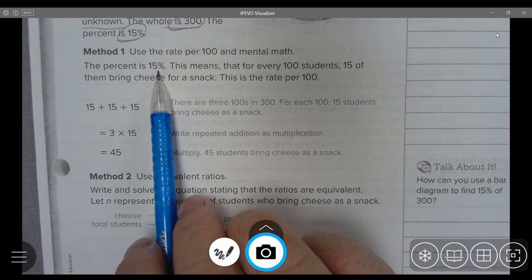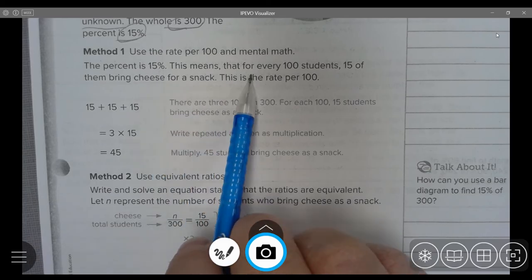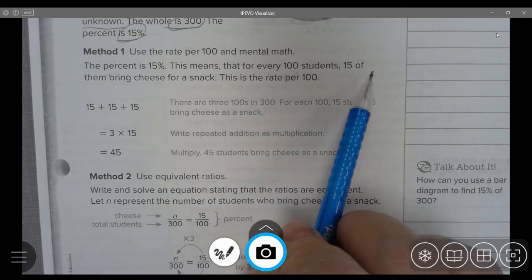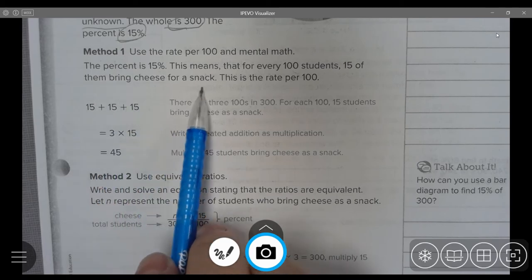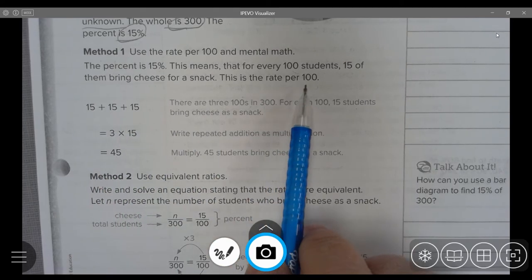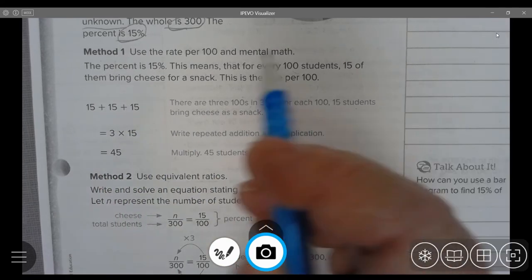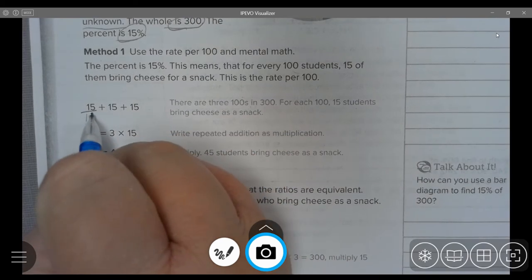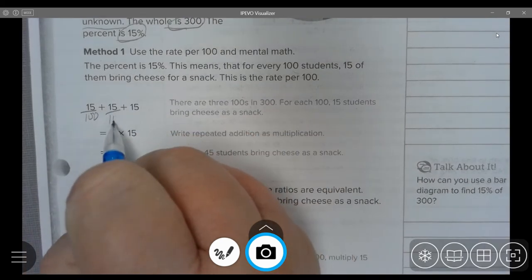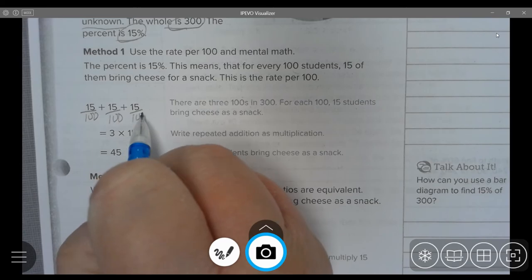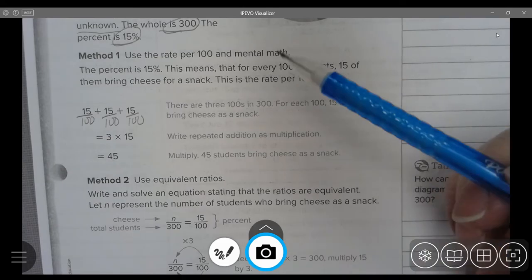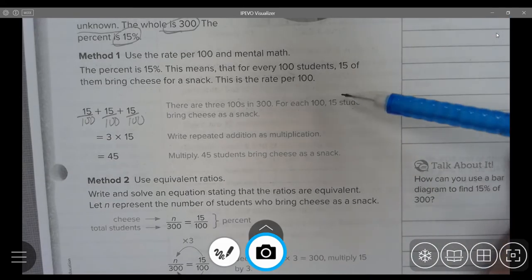So the percent is 15%. This means that for every 100 students, 15 of them bring cheese for a snack. This is the rate per 100. So you could say 15 of the 100, 15 of the 100, 15 of the 100. We had 300 students total.